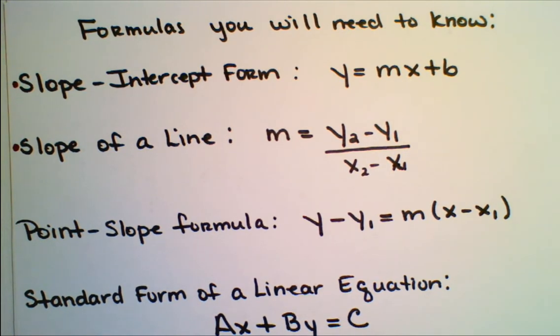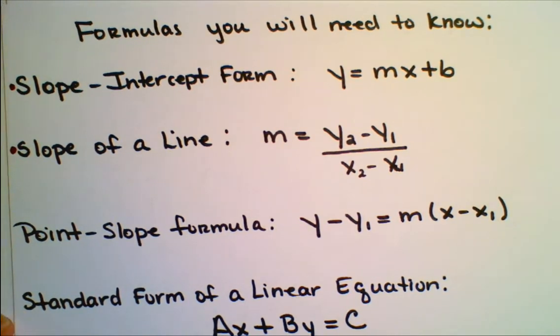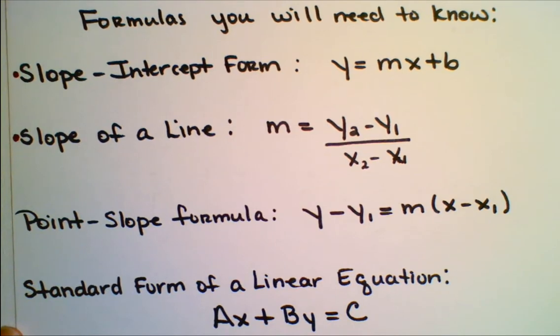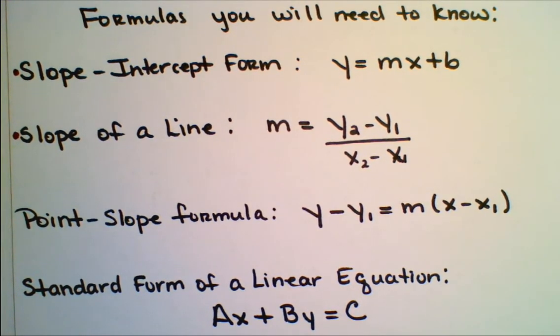Whereas before, you were given an equation and I showed you ways to graph it. Now you may be given a graph, you may be given some information about that graph, and we're going to go and create the equation. So we need these formulas that's listed here to help us find or write that equation out.